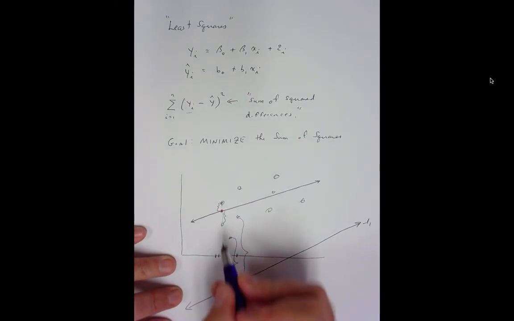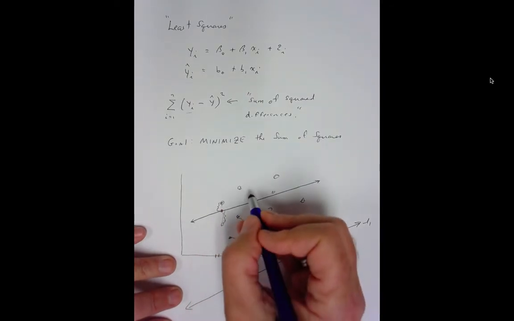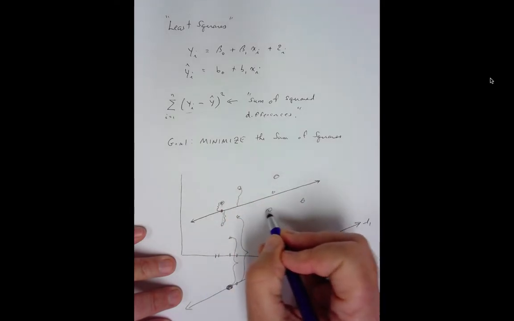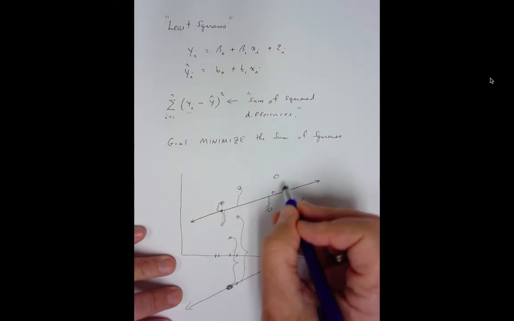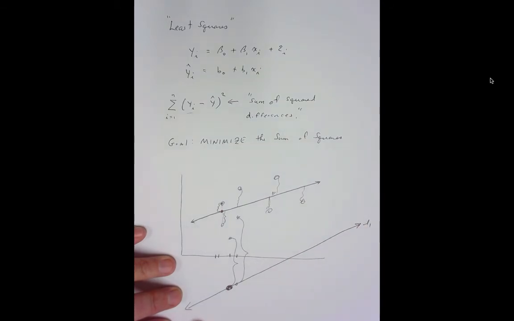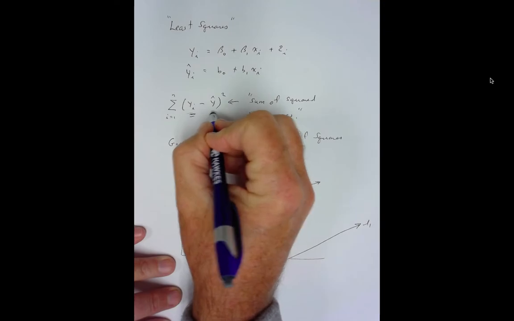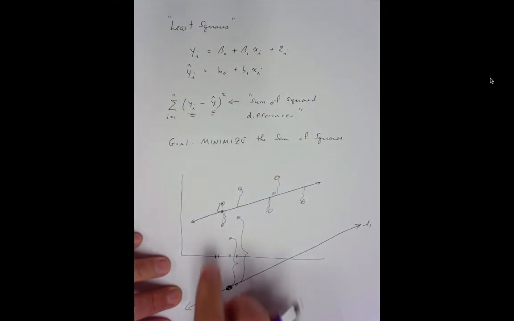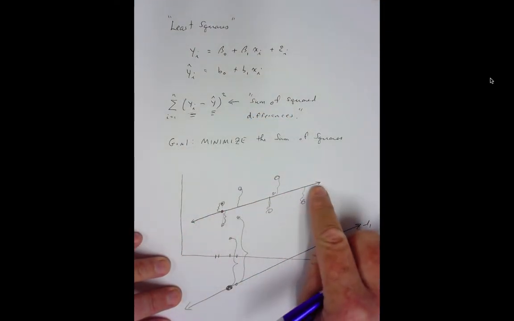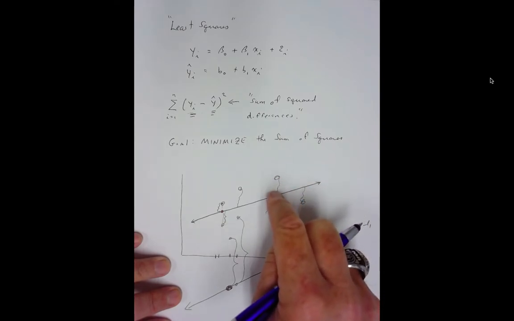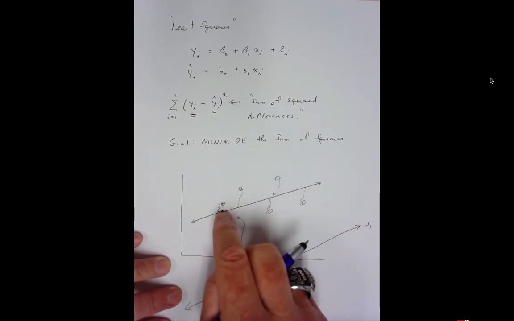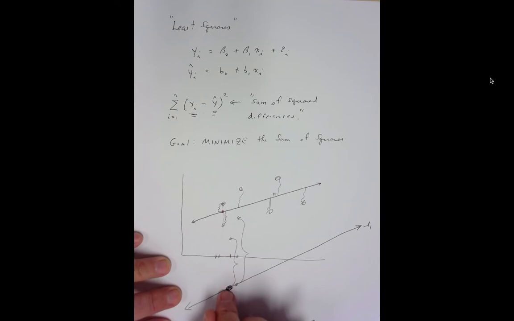So if I sum this up, plus this up, plus this up, looking at the difference between the observed values and the predicted, there's some line that exists that would create the smallest value of the sum of all those distances.